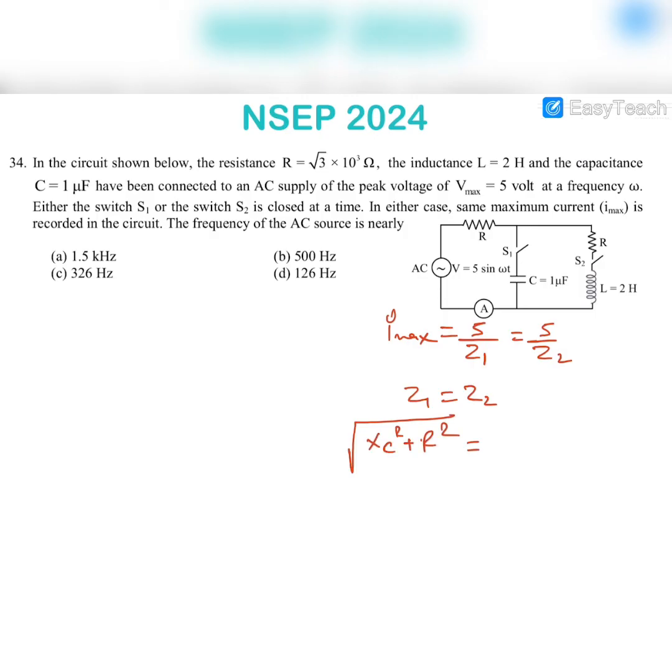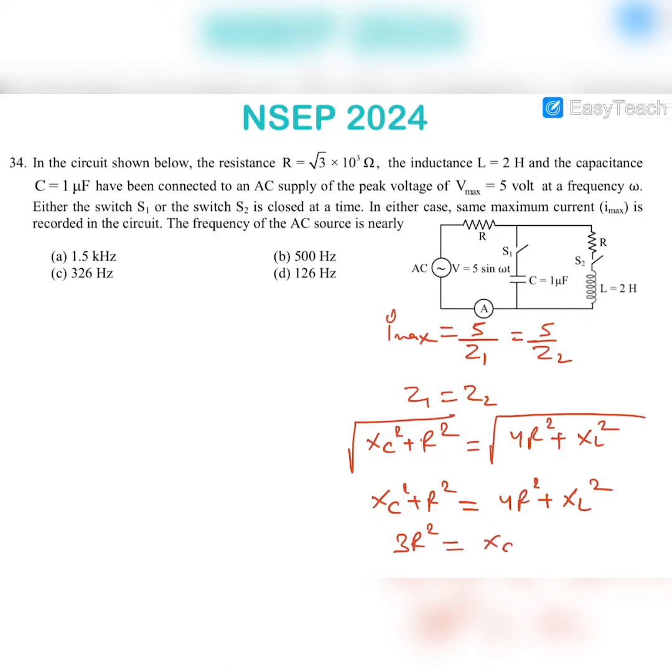And when S2 is closed and S1 is opened, this is an LR circuit, and Z2 is under root of 4R square plus XL square. Okay, so XC square plus R square is equal to 4R square plus XL square, and 3R square is equal to XC square minus XL square.